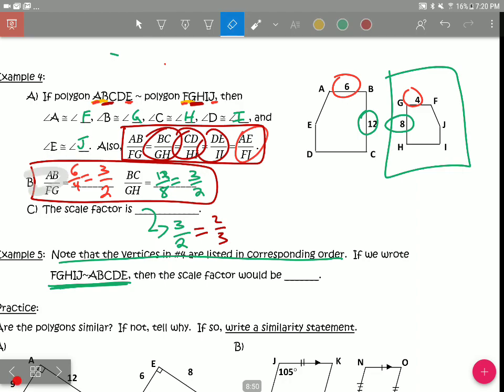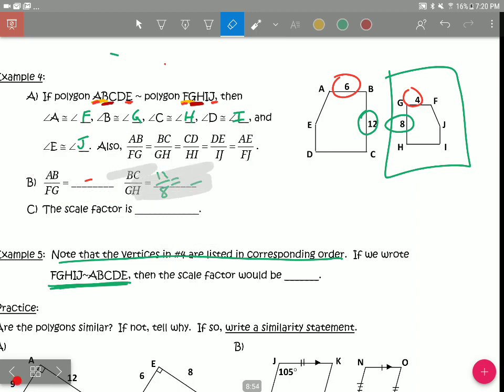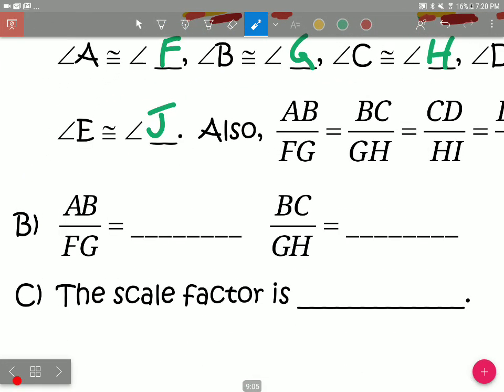When you are finding the scale factor, what you're supposed to do is divide the new one by the original one, which means you would divide FG by AB instead. So what really should be happening is not that. These are all flipped, every last one of them.